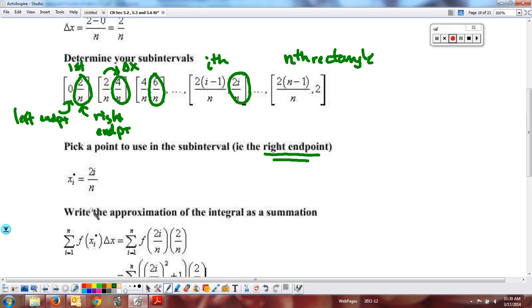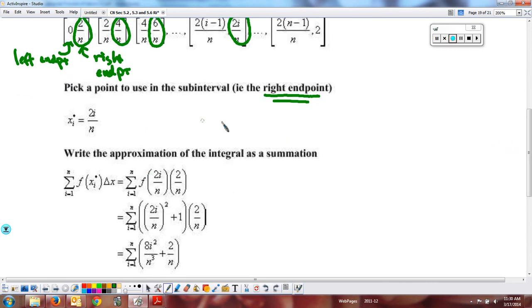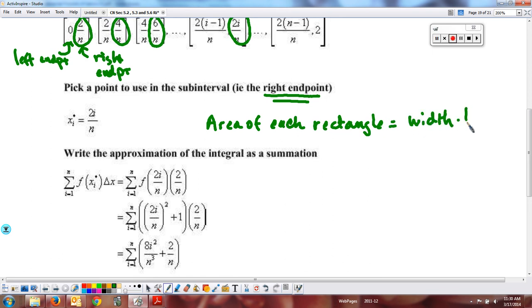Now remember that our formula for the summation that we're going to be doing to add up the areas, we want the area of each rectangle, and the area of each rectangle is your width times your height. And remember, your width is going to come from your delta x, that's where delta x comes in. And then your height is, you take whatever point in the interval you have chosen, our right endpoint, you plug that into the function, and that's going to be the height that we are looking at, your f of x i star.